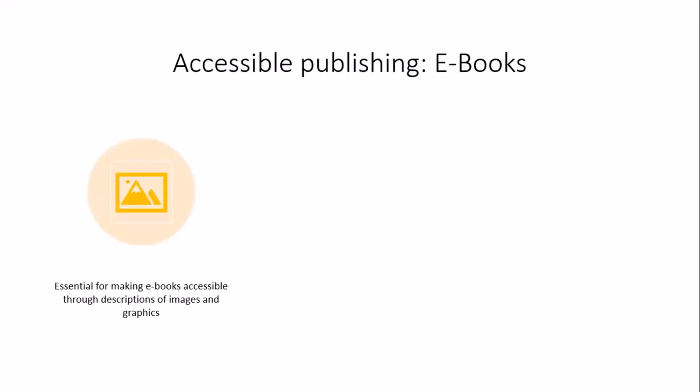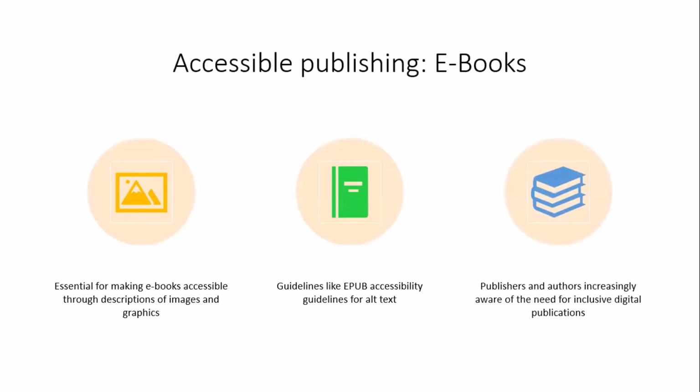So when it comes to publishing, what are the applications in publishing? It is essential for making ebooks accessible through description of images and graphics. And we have guidelines like EPUB accessibility on how to write alt text.